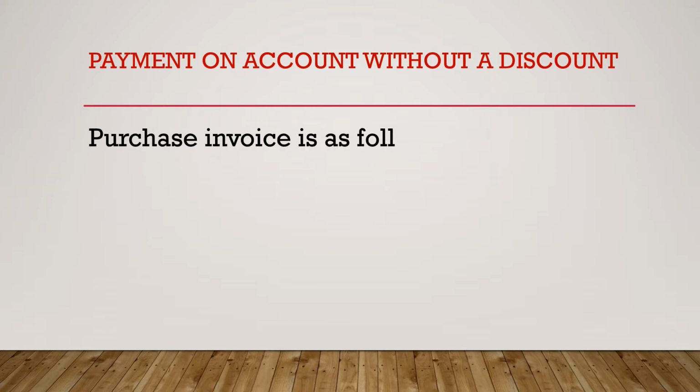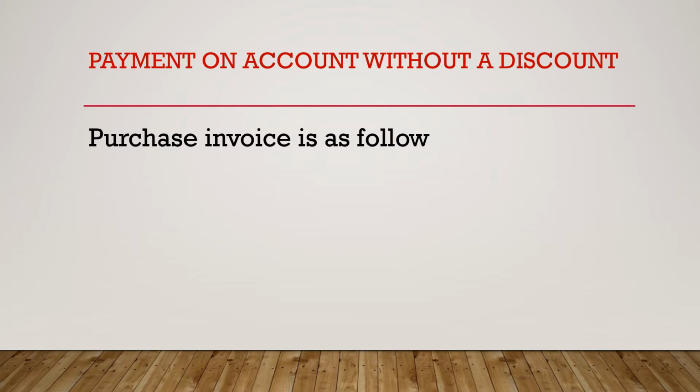So let's look at this in this way. Let's say, for example, your company went to a supplier and they purchased goods on account, which means they did not pay anything upfront, but they got the time to pay back the invoice within 30 days.